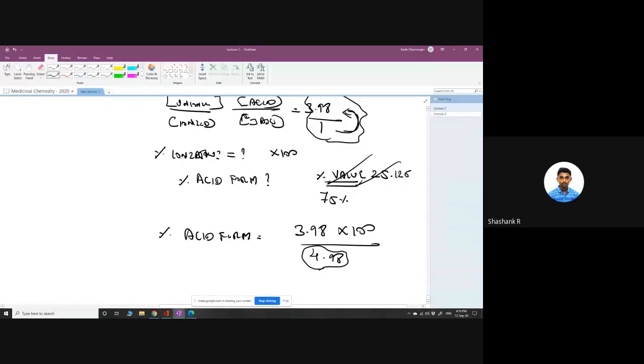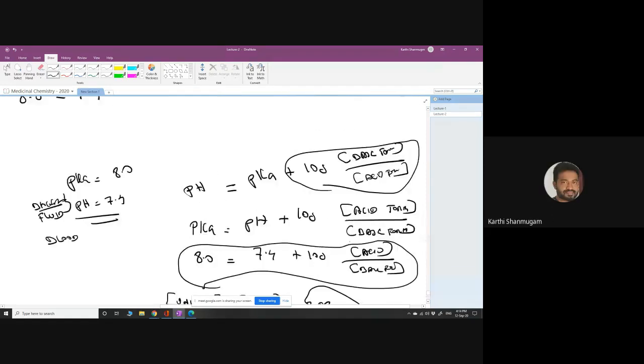Sir, concentration of the acid form divided by the total concentration, sir. Total, right? So if you do this, the percentage is 79.9%. Absolutely right.